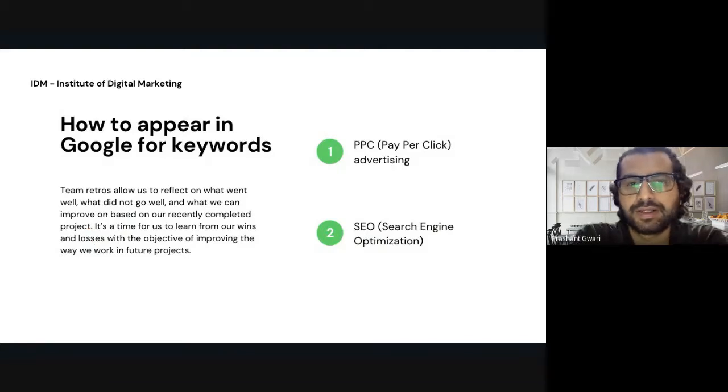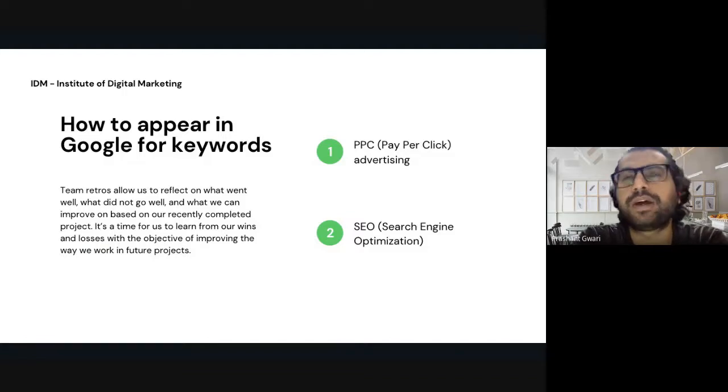Now, how to appear on Google for keywords. We all know that on Google, everyone types their search query or keywords. So how to appear on Google for keywords? There are two ways you can appear on Google if someone types a specific keyword which is related to your business.